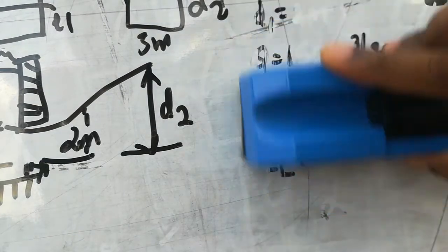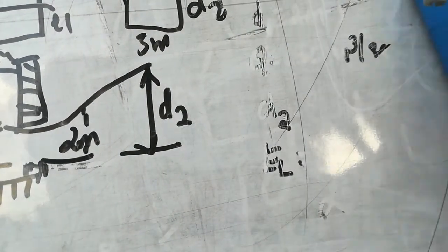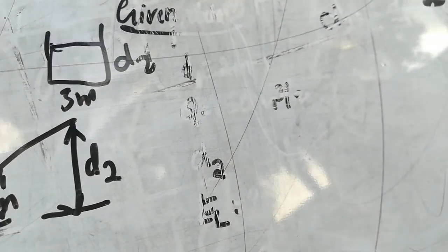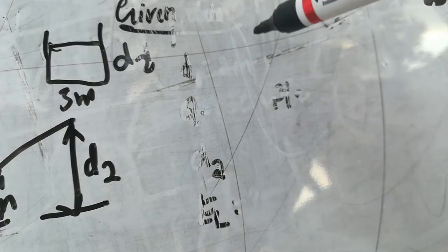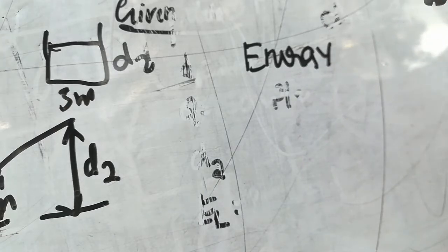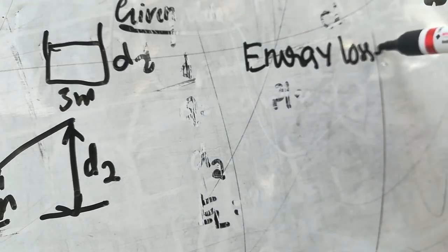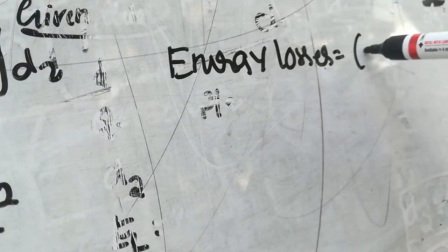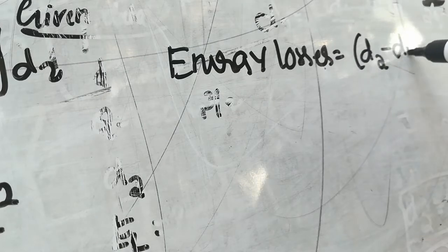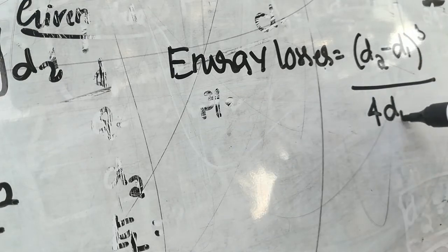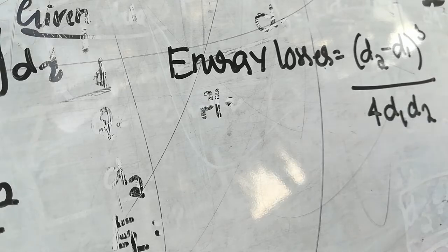Next we need to calculate the energy losses. How can you calculate the energy loss? Energy loss is given by the formula d2 minus d1 whole cubed divided by 4 d1 d2.